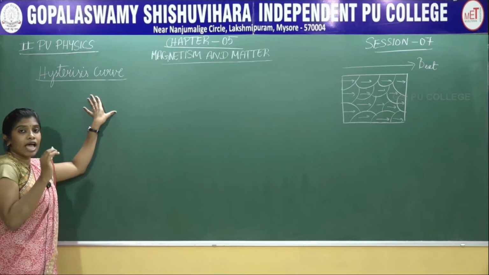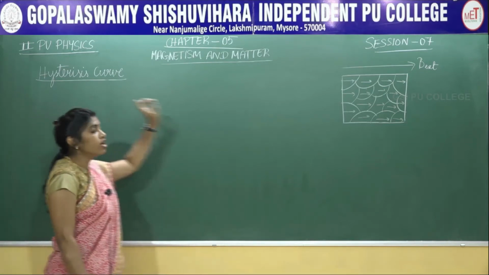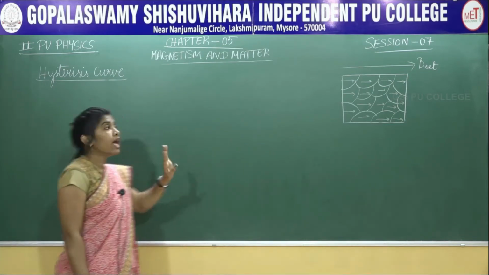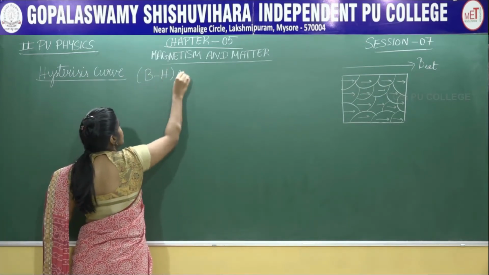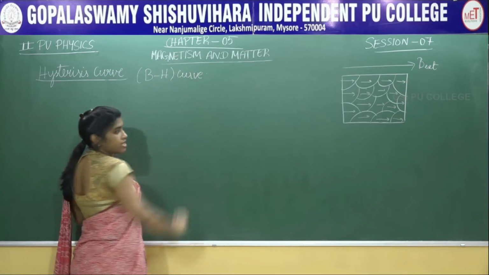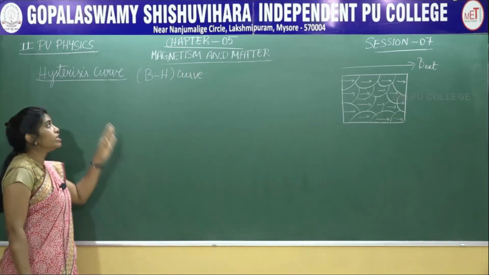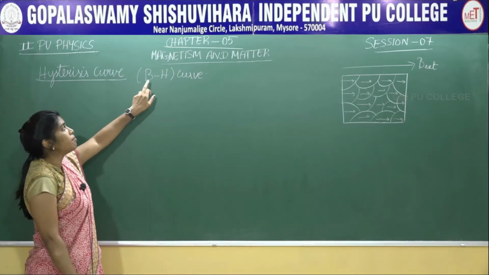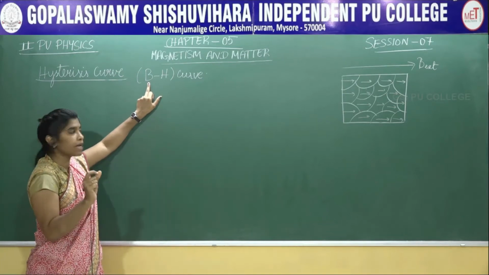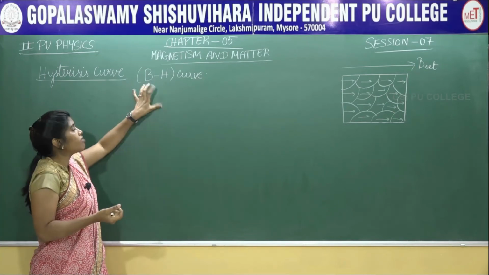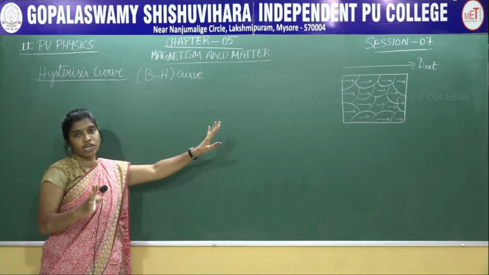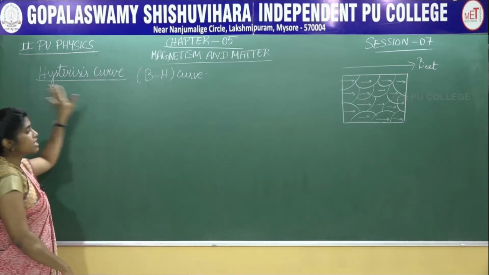We are studying the hysteresis curve for a ferromagnetic material, and this hysteresis curve is also called the BH curve. That is, in the hysteresis curve, we study the relation between the magnetic field B of a ferromagnetic material and the magnetic intensity H. That is why we can also call this the BH curve, but it is usually called the hysteresis curve.